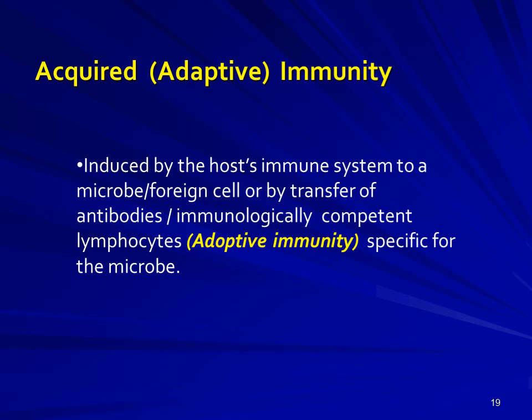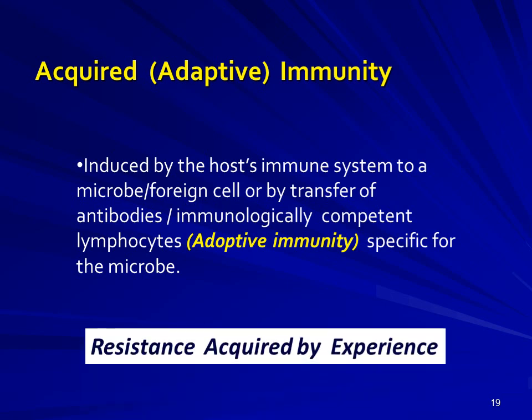Here the innate immunity may not participate directly, but the host immune system has to participate and act against the microbe or foreign cell, by transfer of antibodies or by producing antibodies, to produce the immunity against a specific microbial agent. So this kind of immunity is nothing but the resistance acquired by the experience of the host against the microbial agent.